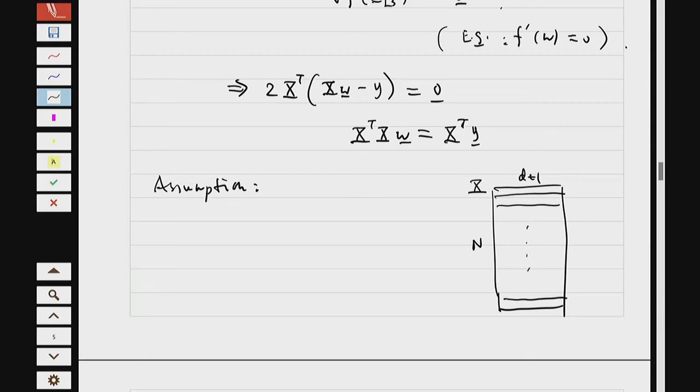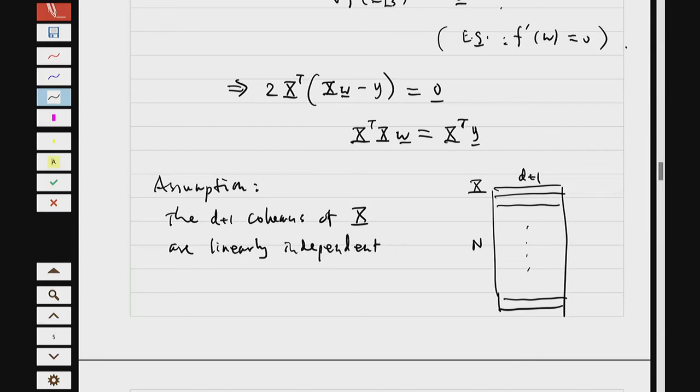That's our big X. In order to guarantee that the product is invertible, we need the columns to be linearly independent. We want this matrix to have a rank of d plus 1, so the d plus 1 columns of X are linearly independent. That's what we need.